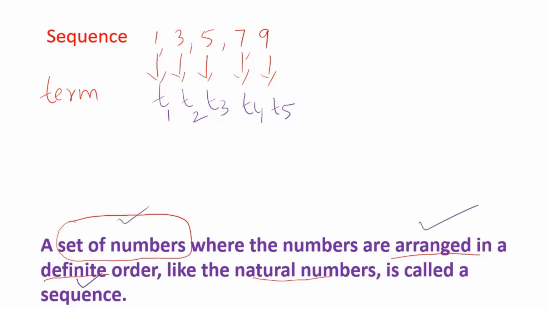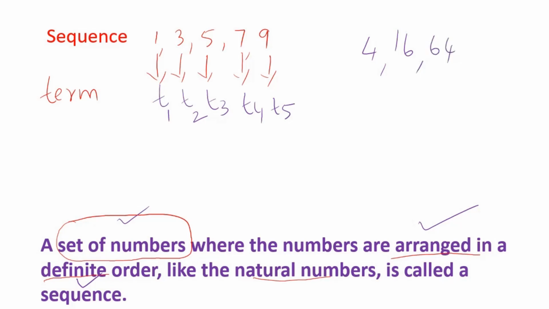Understood? And it is a set of numbers which are arranged in a definite order. What is the definite order in this? If we try to find out the difference between them, we know that it is having a difference of 2. But when I wrote the earlier case, certain numbers, for example 4, 16, then 64.